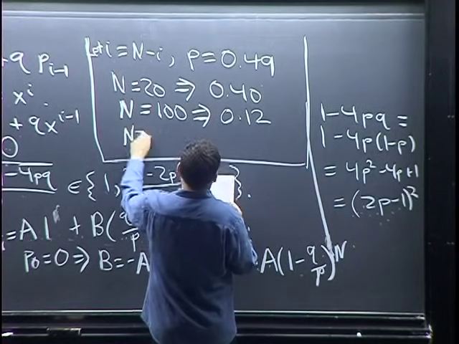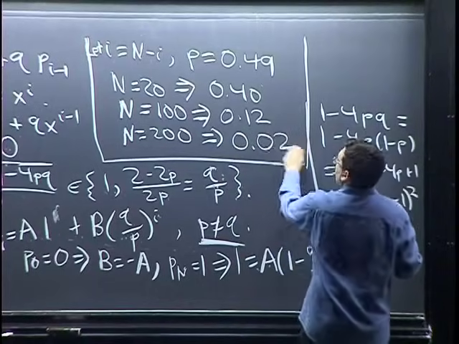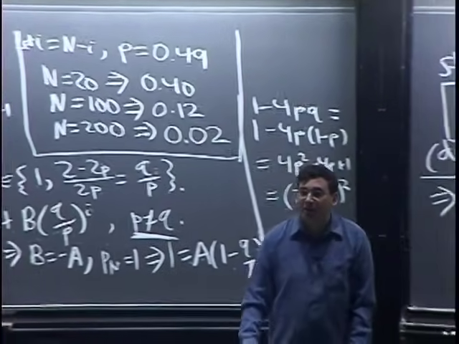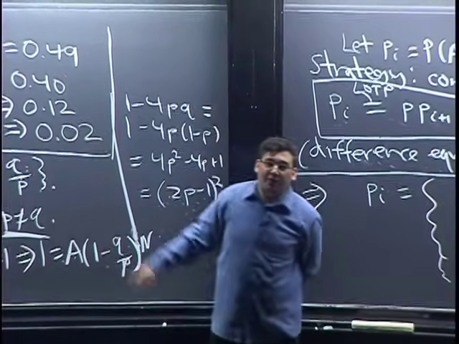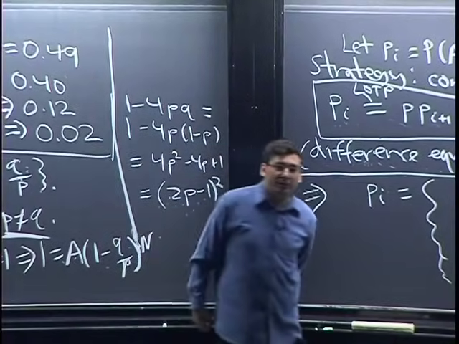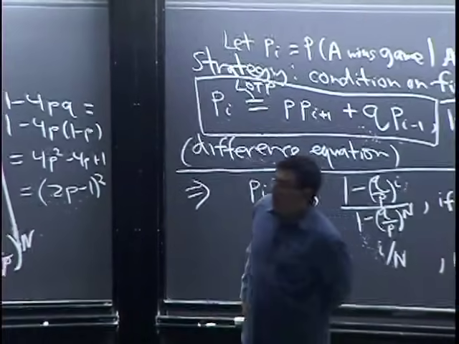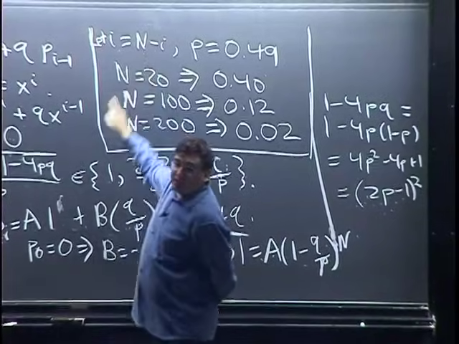And if n equals 200, then 2% chance. So if they each start out with $100, then there's a 98% chance that B will end up with all the money, even when it's unfavorable by just this tiny 0.01 amount. That's in the case where the two players start out with equal amounts of money.